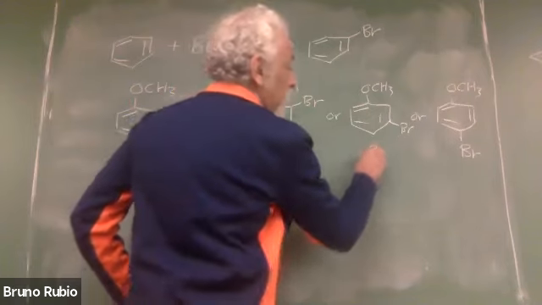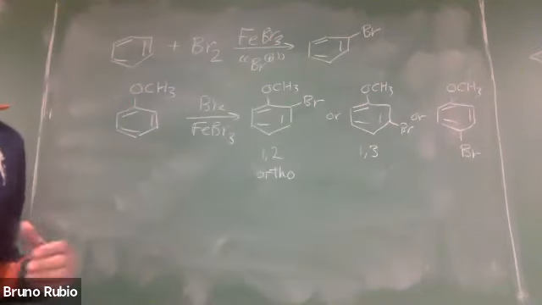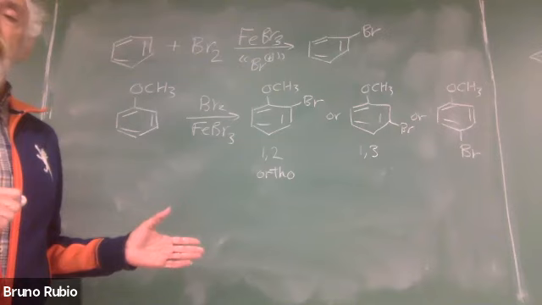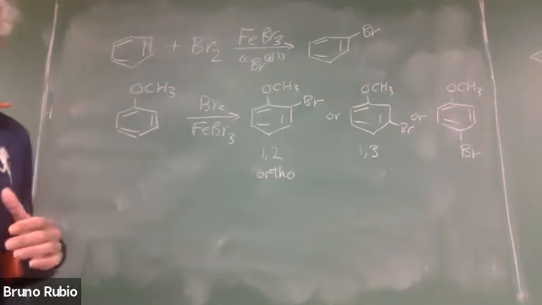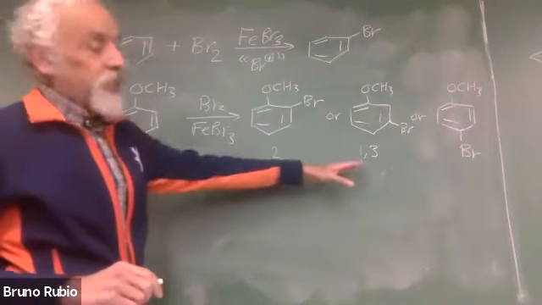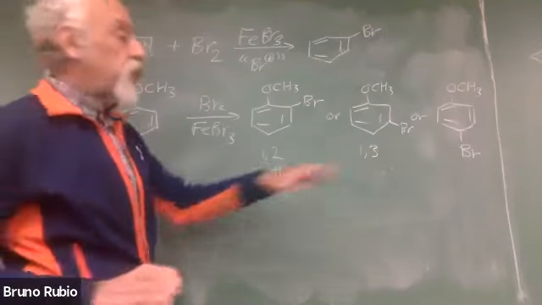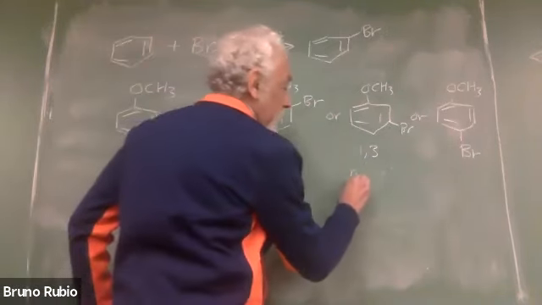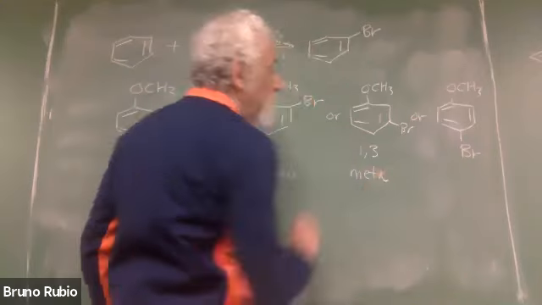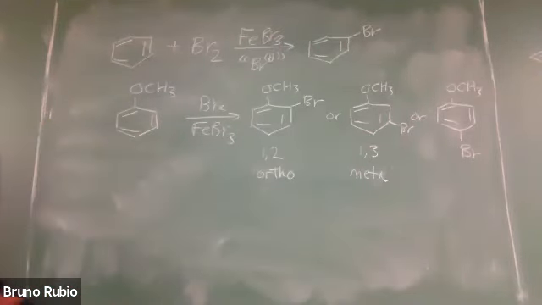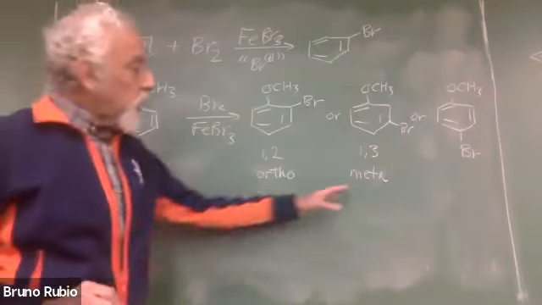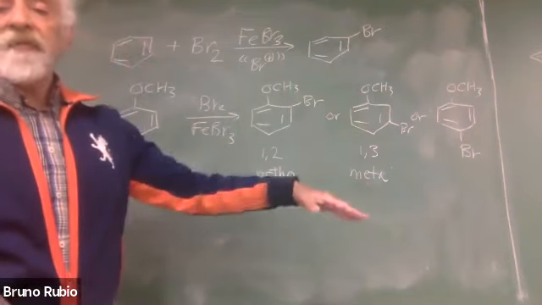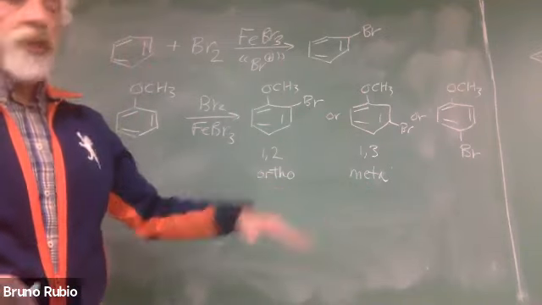This guy we could call 1, 3, where the pre-existing methoxy substituent is at carbon 1 and the new electrophile is at 3, but this is not real. The conventional terminology here is that this is called the meta substitution product, from a Greek word meaning after. I guess it means after the ortho.